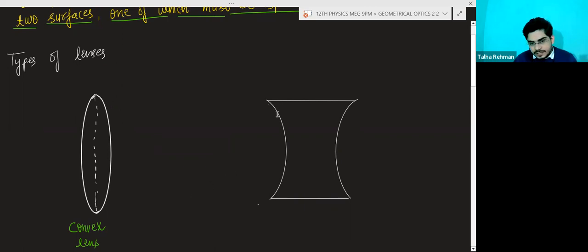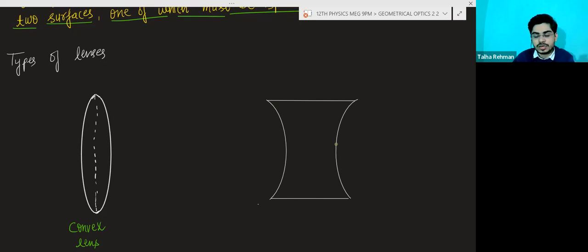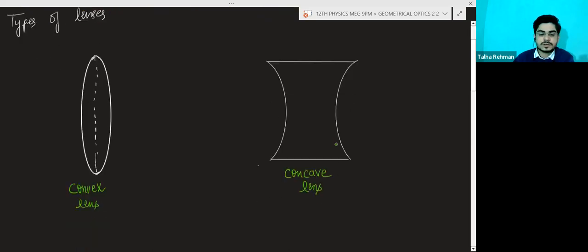Now this surface is a bulging inward surface. So what I told you, a lens is a combination of two surfaces. Here two surfaces are convex. Here two surfaces are concave, bulging inward. So this is a concave lens.